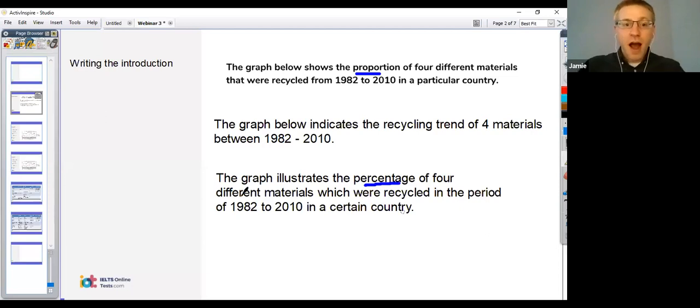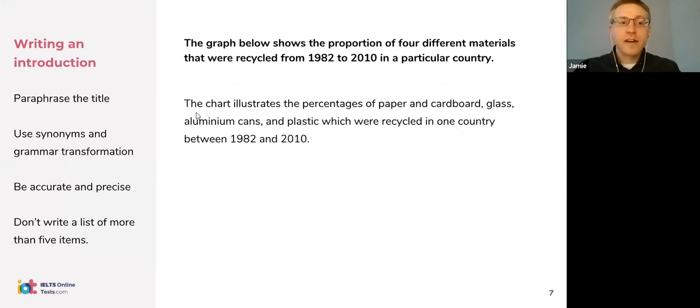So well done, guys. I'll share with you what I prepared earlier. Here is the first one. The chart illustrates the percentages of paper and cardboard, glass, aluminium cans, and plastic which were recycled in one country between 1982 and 2010.